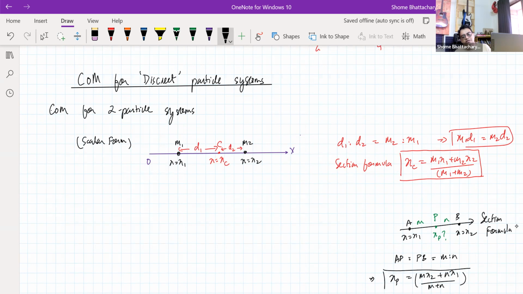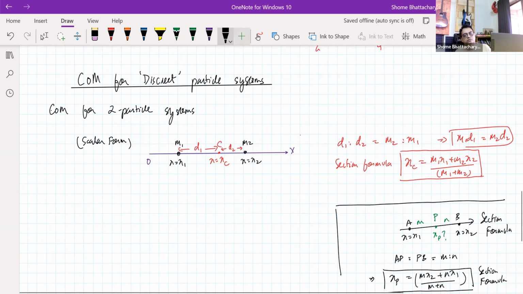So this is how we define section formula in coordinate geometry. So that is what we are using over here. So this is an application of section formula.